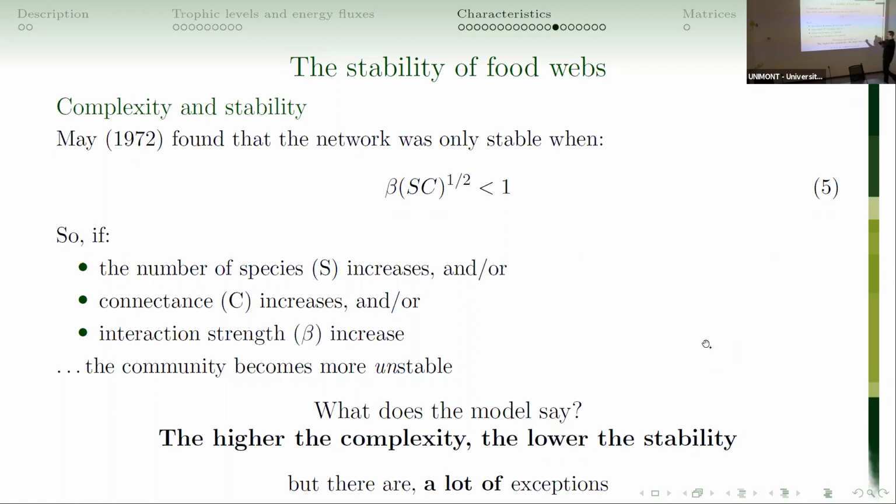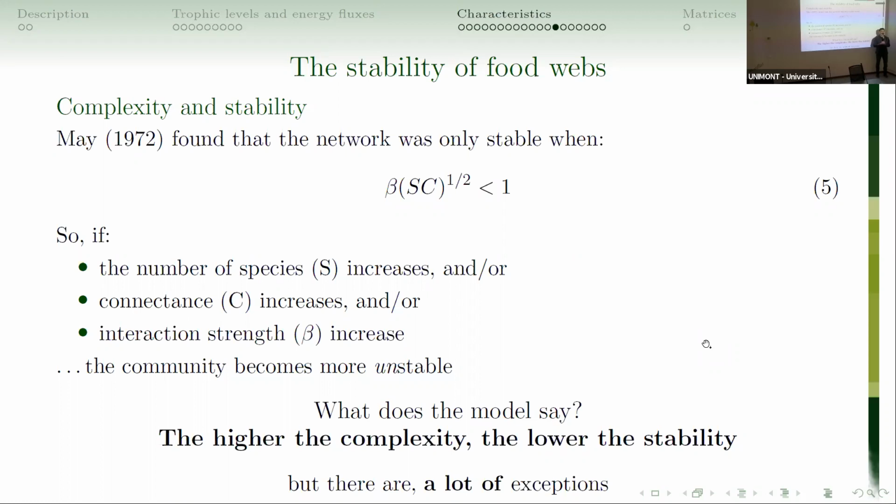That if we increase the number of species, or increase connectance, increase complexity, or increase the interaction strength, the community becomes unstable, right? Because there's a chance that it will be higher than 1, right? So the higher the complexity, the lower the stability.